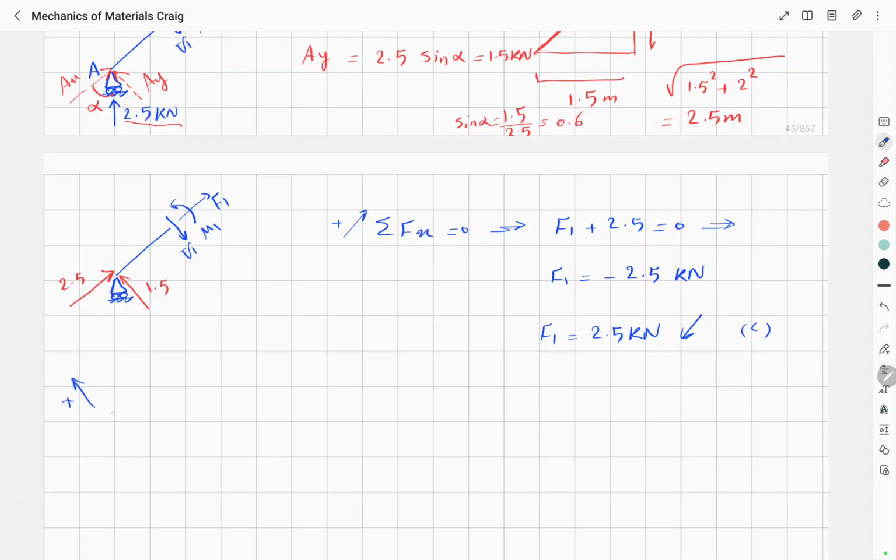In the y direction, we have 1.5 minus V1 is equal to 0, so V1 is equal to 1.5 in this direction.